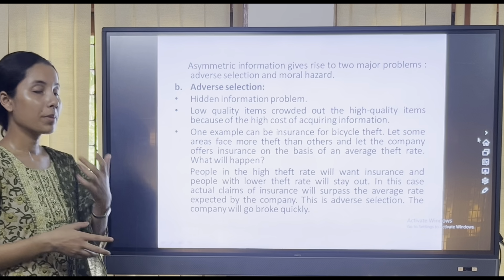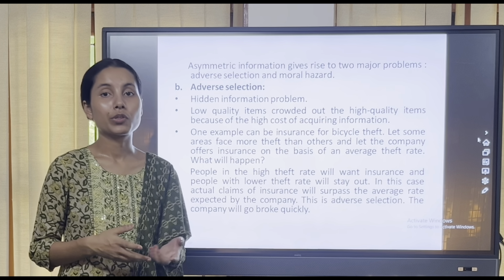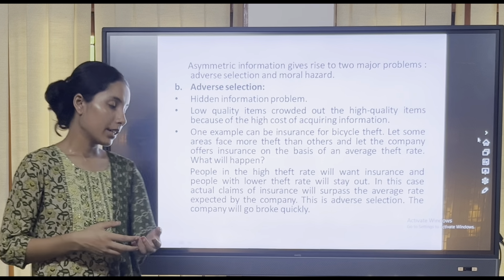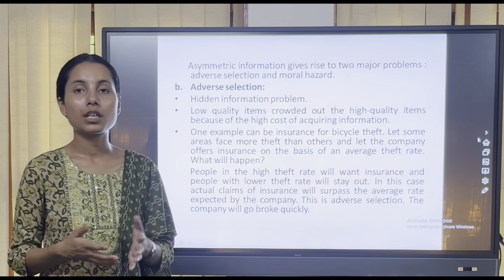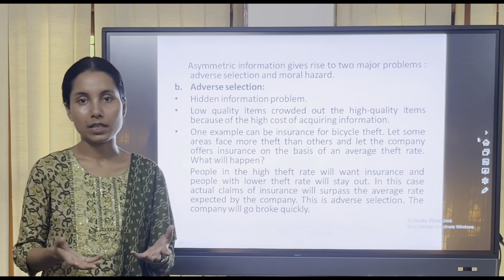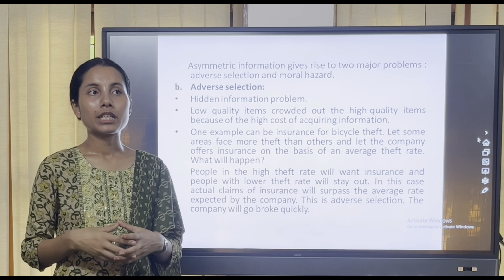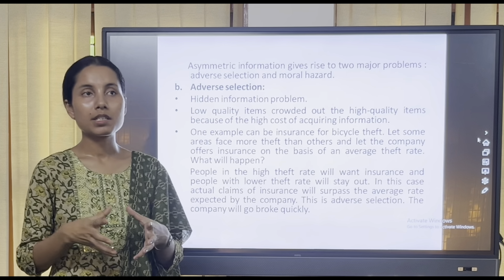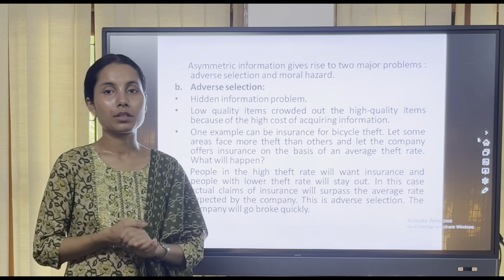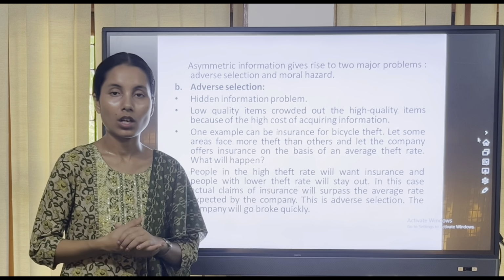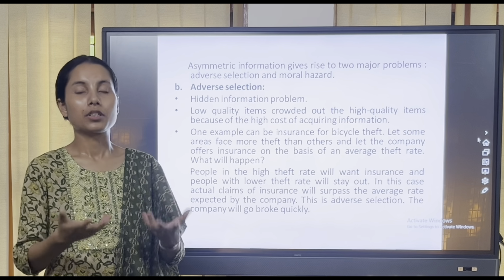It can also be explained with the example of the insurance market. Suppose there is an insurance company for theft of bicycles. They assume that in certain areas an equal level of bicycle thefts is occurring, so they offer their insurance policies.